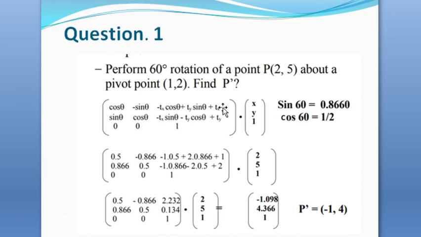Here tx equal to 1, ty equal to 2. By substituting, x, y is the rotating point P, 2, 5.